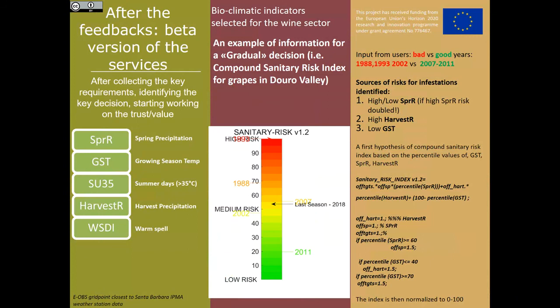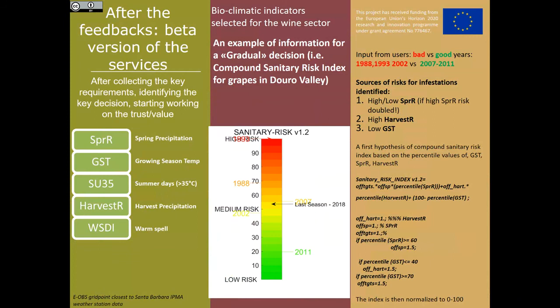And for this compound sanitary risk index, we have identified different sources of risk for infestation, in particular the high or low spring precipitation. But if we have high spring precipitation, the risk could be higher and higher. Also, the high harvest precipitation could be another relevant factor for this index, and also the low growing season temperature.